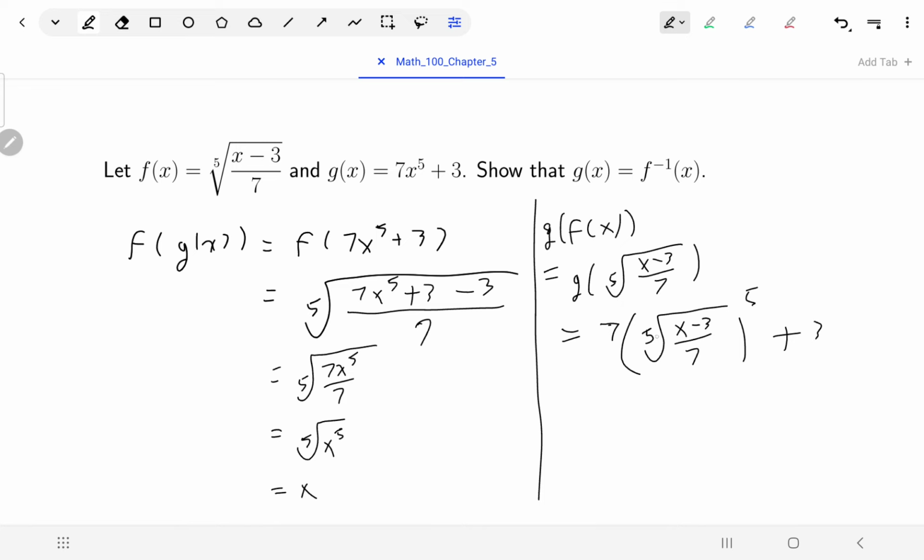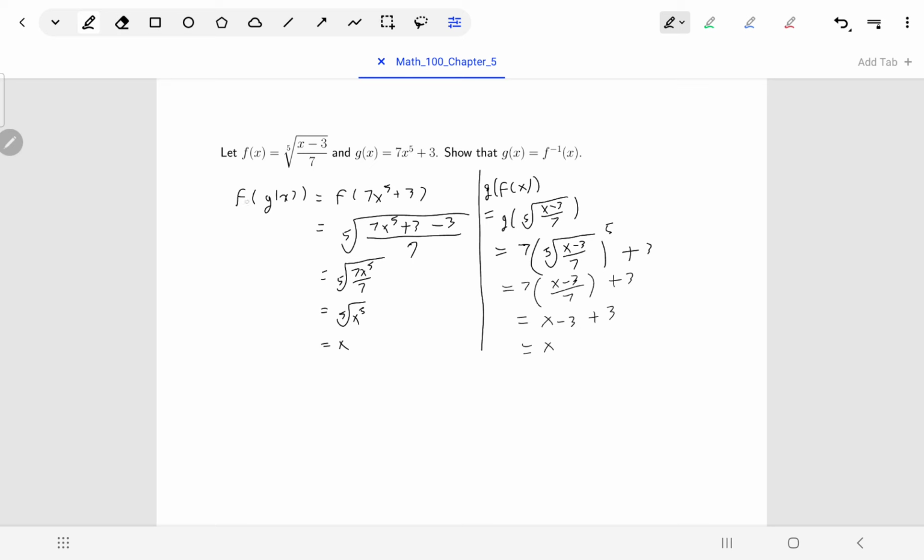And then basically the same thing is going to happen as before. The fifth root and fifth power would cancel each other out. And then the dividing by 7 and multiplying by 7 would cancel each other out. And then the minus 3 and the plus 3 would cancel each other out, leaving us with just x. So when we put g inside of f, or when we put f inside of g, each time we got x as our end result, so therefore g must be the inverse of f.